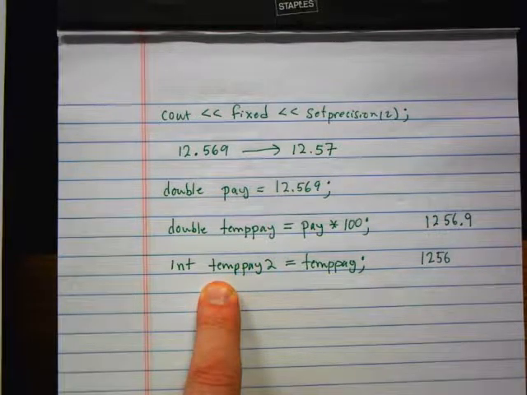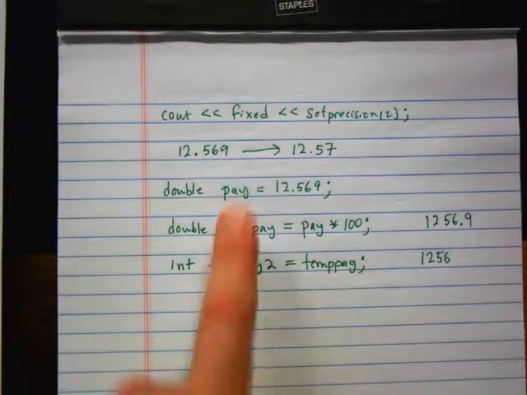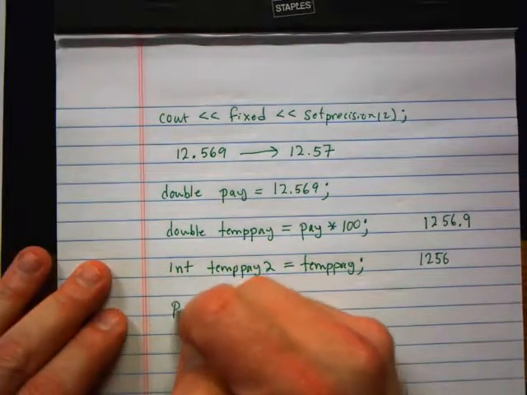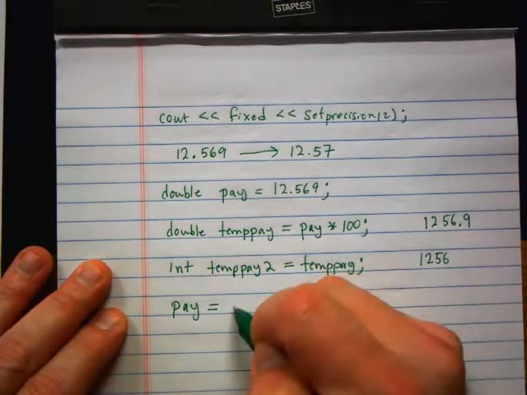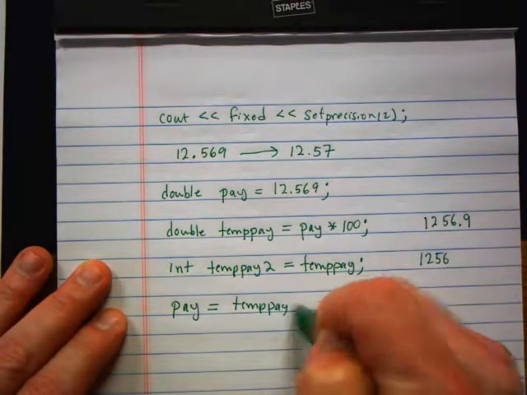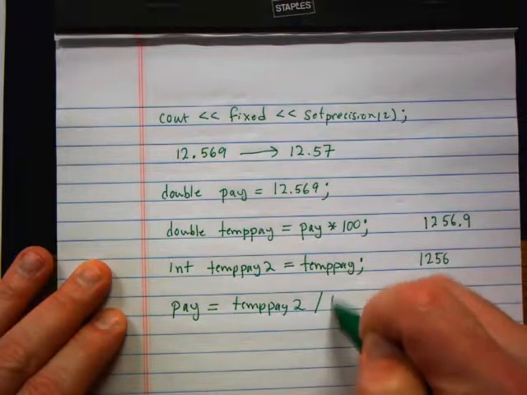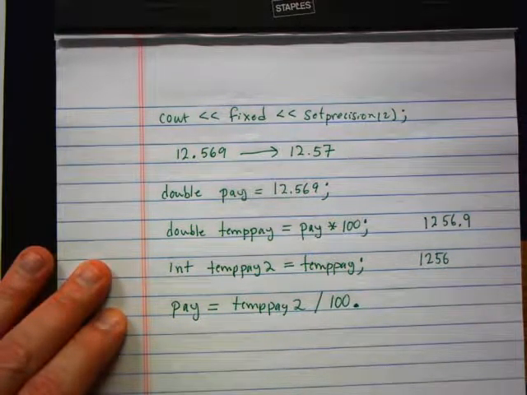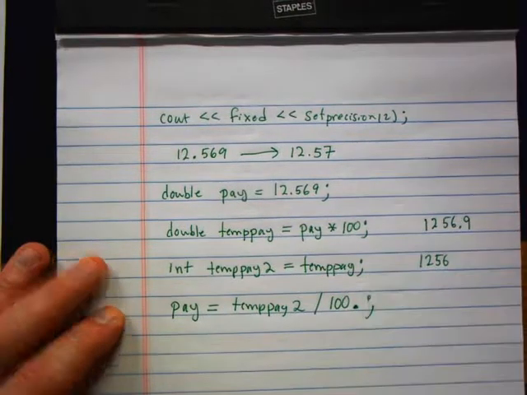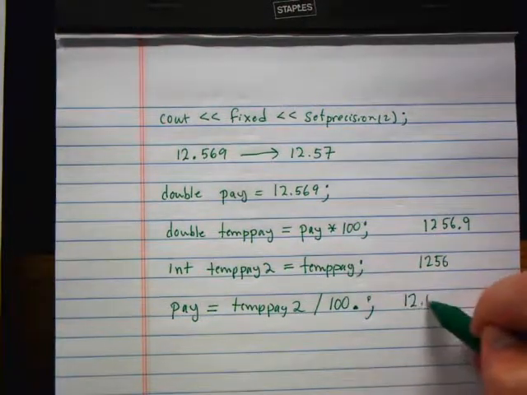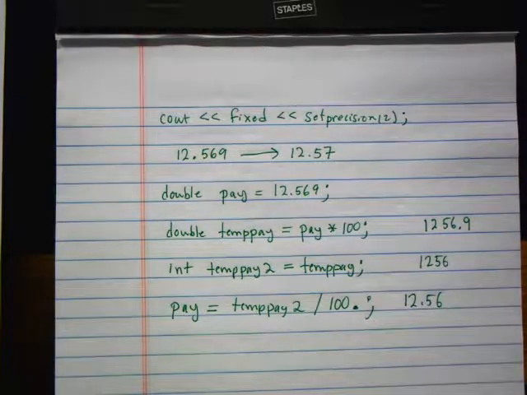And then how do I get the real answer that I want for pay? Divide by 100. So I would take pay equals tempPay2 and divide it by 100. But I need to tell it that one of those is a decimal, so I'm going to put a decimal point there and put a semicolon. And now pay will be 12.56. So that was my way to do it.